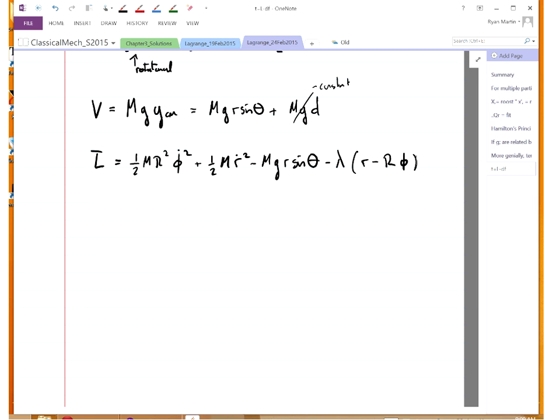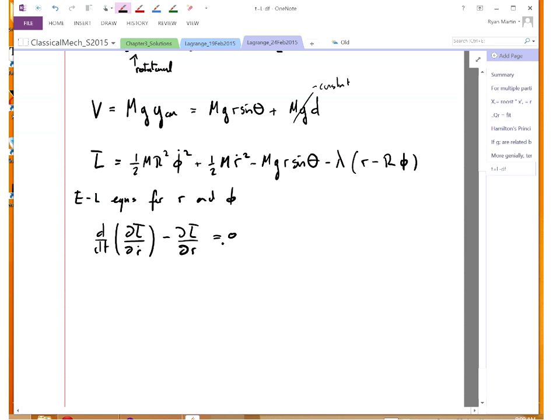So let's go ahead now and do the Euler-Lagrange equation for r and phi. The first one we need to do is d by dt of partial L bar by partial r dot, minus partial L bar by partial r, equals 0.